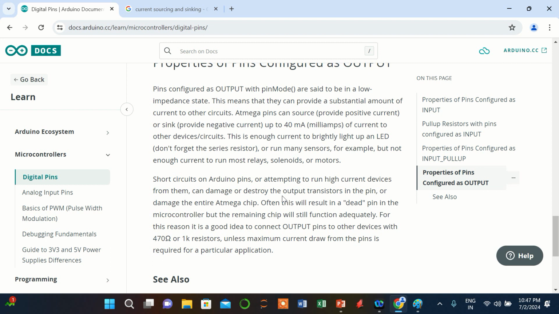But certain pins are going to be damaged if you draw more than the specified current. So please remember, when you interface any output devices or input devices, you are not supposed to draw more than the rated sourcing or sinking current.